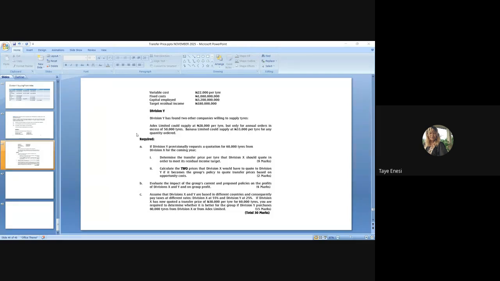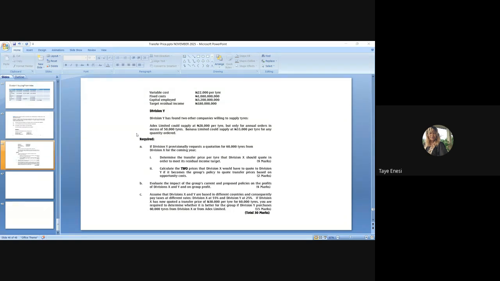Hardest Limited could supply at 28,000 naira per tire, but only for annual orders in excess of 50,000 tires. Banazar Limited could supply at 33,000 per tire for any quantity ordered.